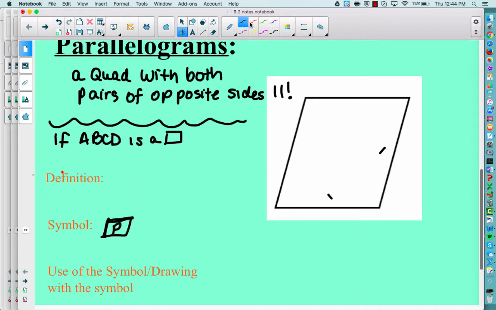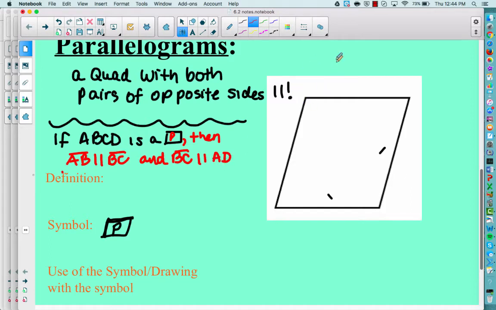That just helps me remember parallelogram. ABCD is a parallelogram, then AB is parallel to BC, and BC is parallel to AD.